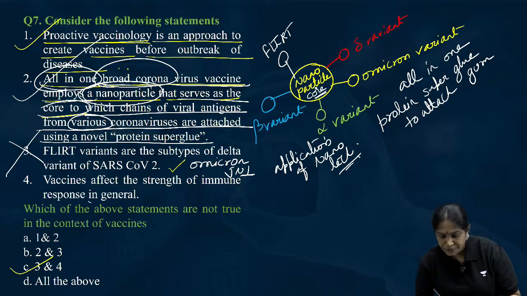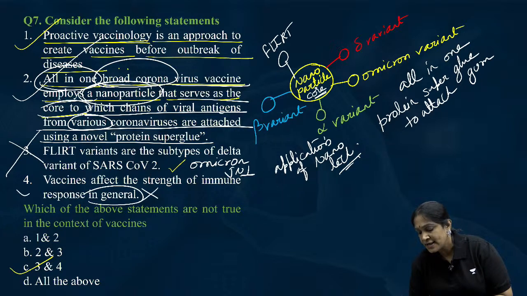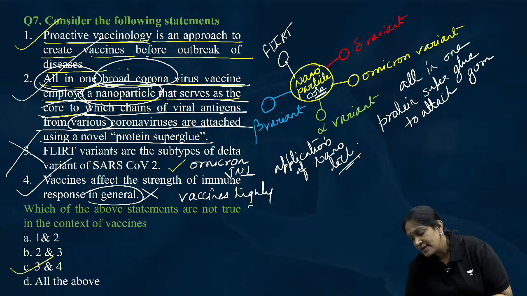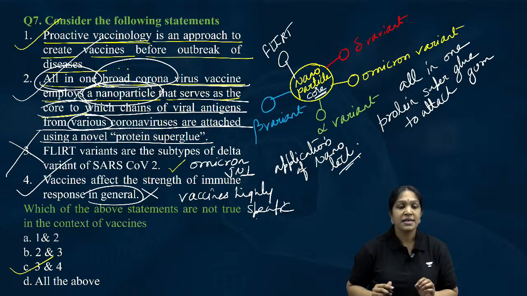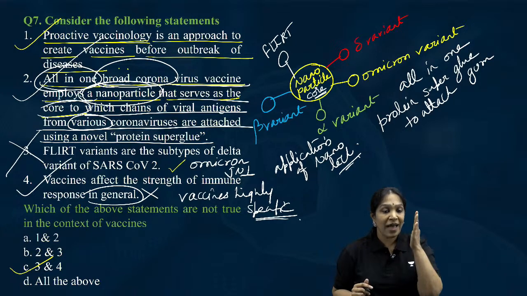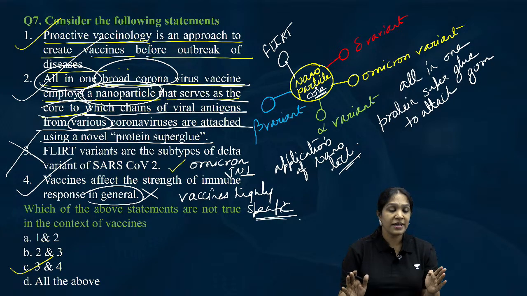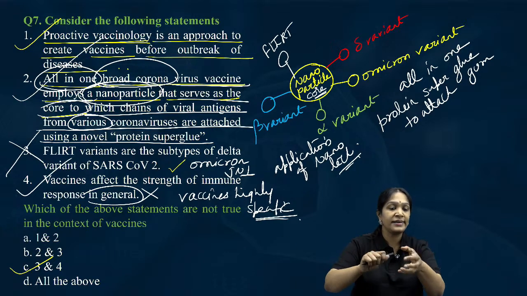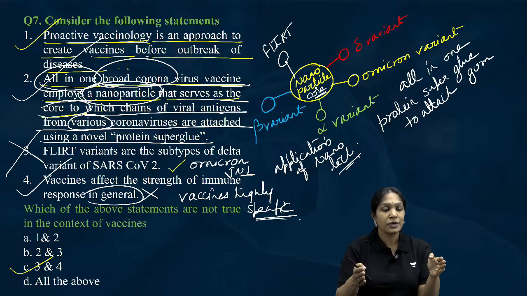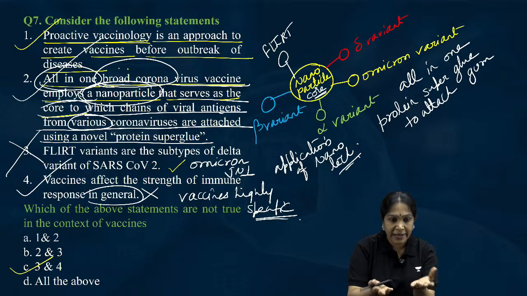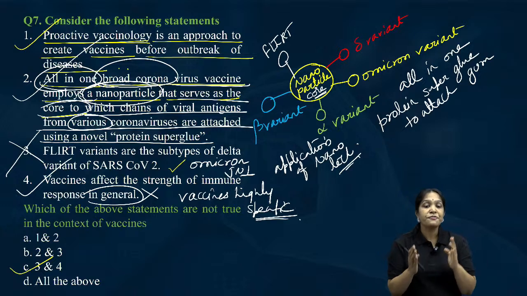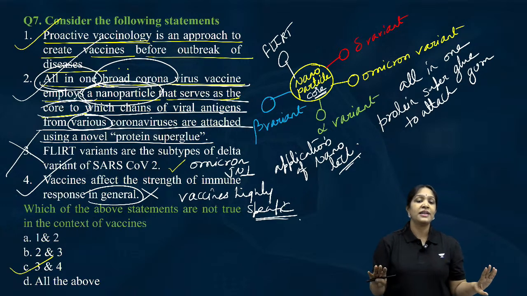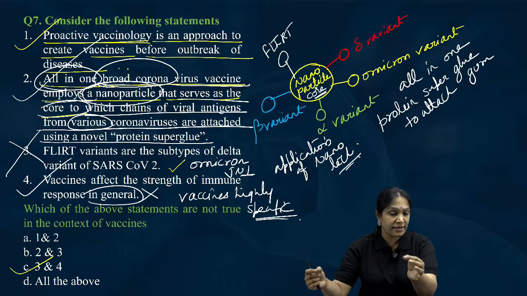Vaccines affect the strength of the immune system in general? No, wrong, because vaccines are highly specific. Is it clear? It means a poliovirus vaccine will not influence cholera antigens. It is just like a lock and a key. Just like you cannot open my lock with your key, in the same way a vaccine for one disease does not influence the immunity in general.